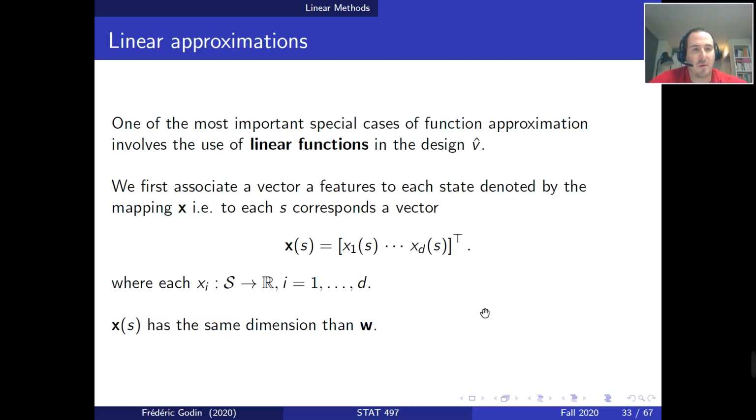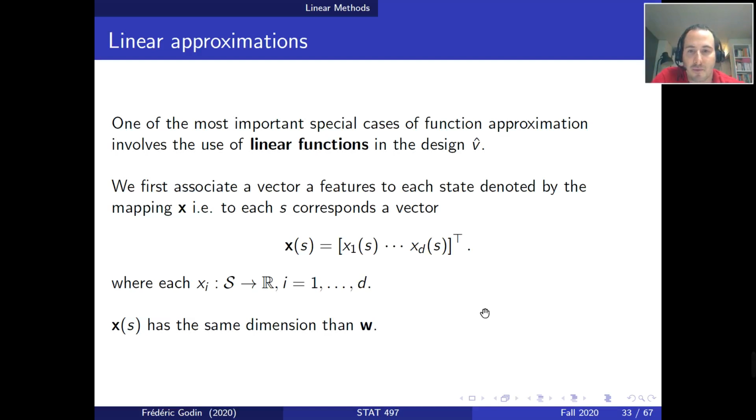approach that some people have proposed is to use linear functions as a parametric representation, but not linear functions of the states, but rather linear functions of what we're going to call features of the states, which are some characteristics extracted from the state. So in this linear approach, there are two steps.